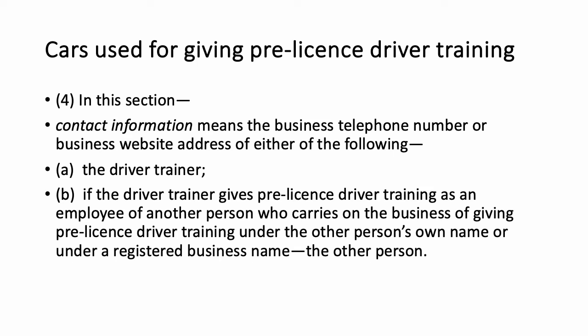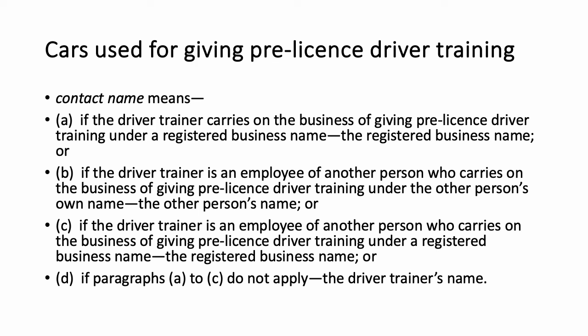(A) The driver trainer. (B) If the driver trainer gives pre-licensed driver training as an employee of another person who carries on the business of giving pre-licensed driver training under the other person's own name or under a registered business name, the other person.